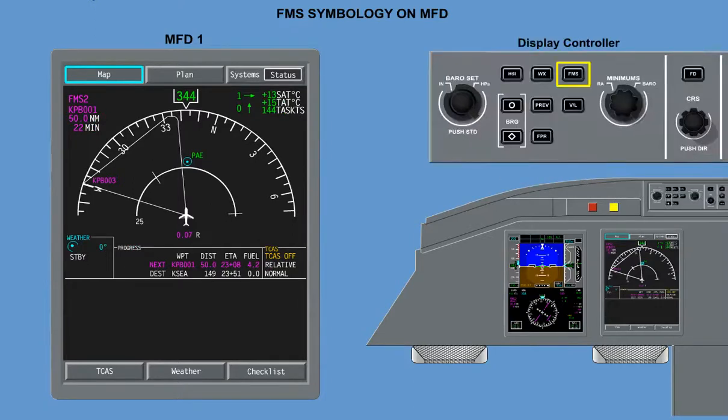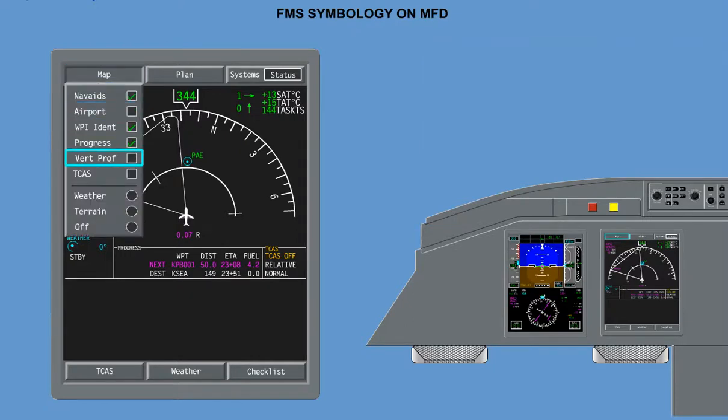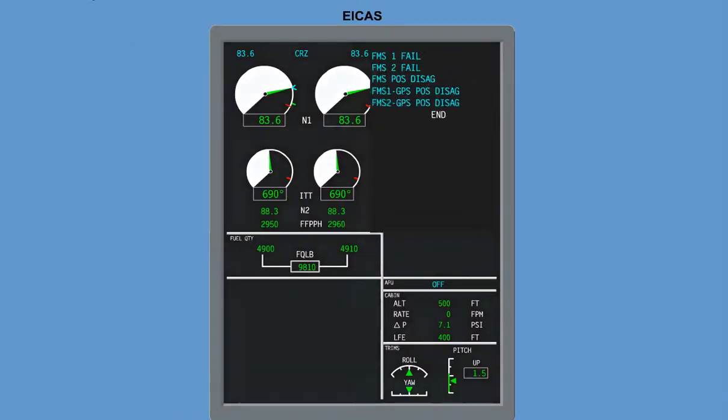The FMS button on Display Controller selects FMS as the primary navigation source and toggles between FMS sources. Vertical Profile on Map or Plan menus selects vertical profile flight path data for display. Progress on Map or Plan menus selects flight progress data for display. The following fault messages can be displayed on the ICAS.